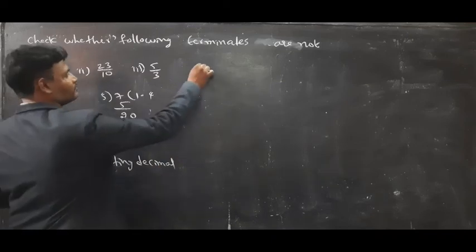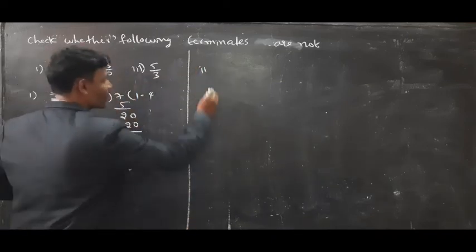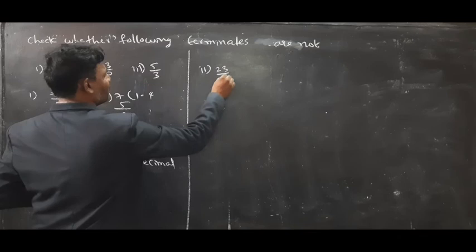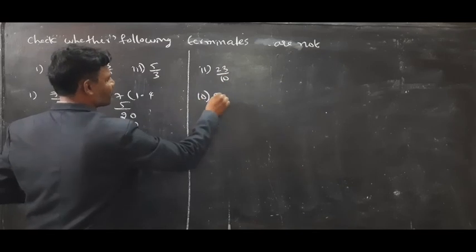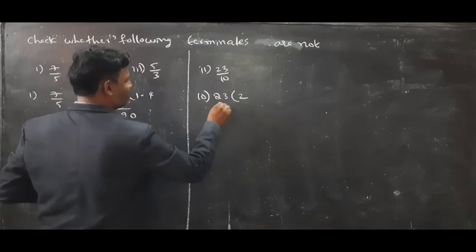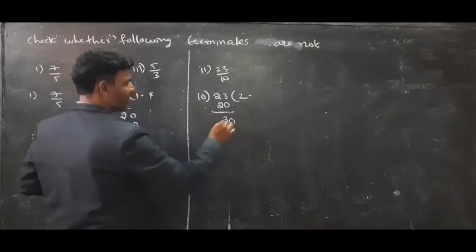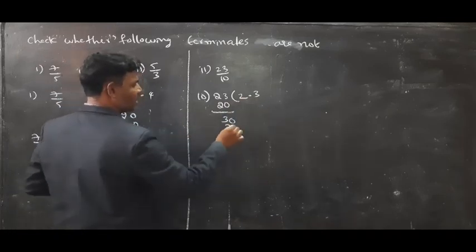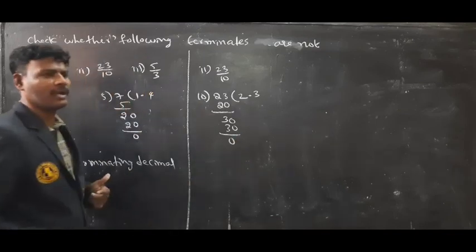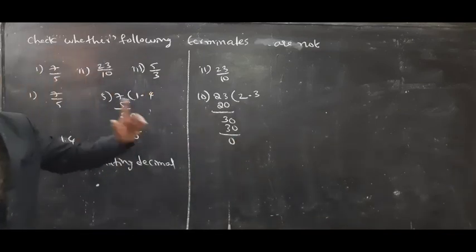Second one, 23 by 10. 10 2s are 20. Remainder 3. Keep point and take 0. 10 3s are 30. Here also the remainder is 0. It is also a terminating decimal.